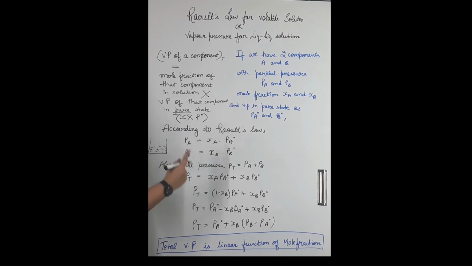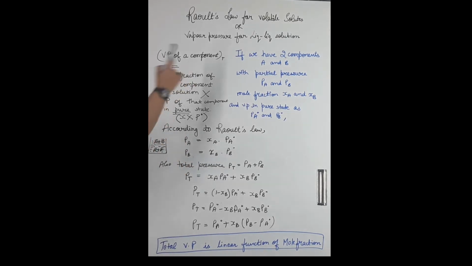The volatile solutes are those which have the tendency to change into vapors. Here we have both components A and B, so vapors will also be formed of A as well as B. So the tendency of the solute to change into vapors is known as volatile solute.